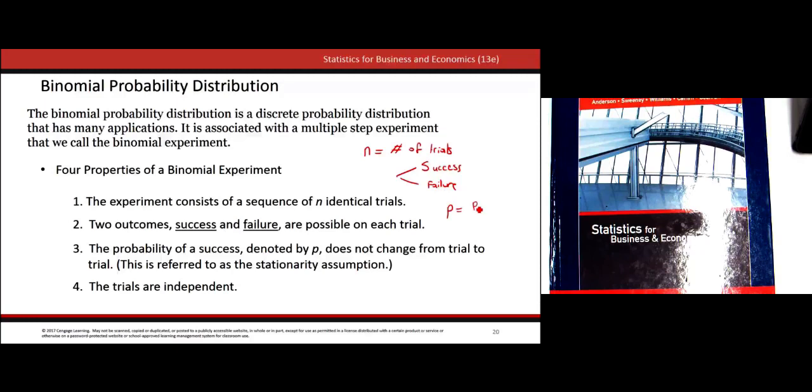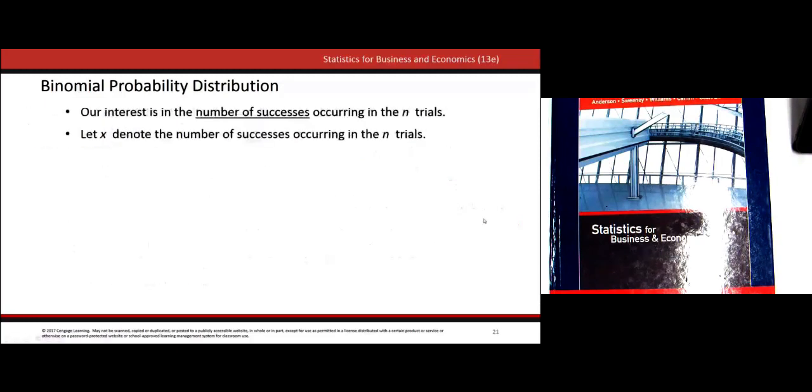p is the probability of success, which is denoted by p and doesn't change from trial to trial, and the trials are independent. And we are interested in the number of successes occurring in n trials.